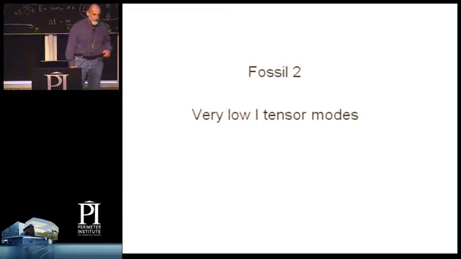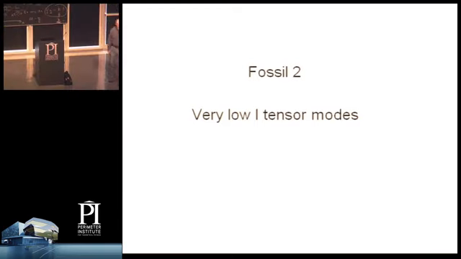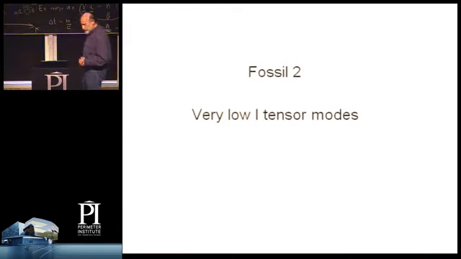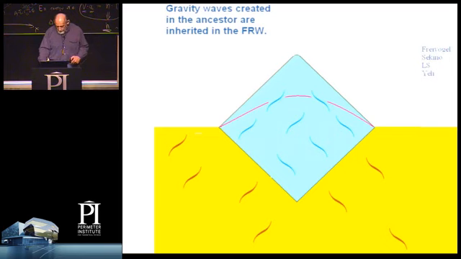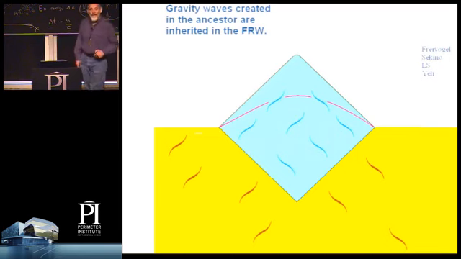The second fossil that I just want to mention is very low L tensor modes. Now, why are there very low L tensor modes? Not scale invariant tensor modes, but tensor modes which are piled up at very, very low L. Again, the magnitude of them I can't predict, but the reason is they are inherited from the ancestor vacuum.